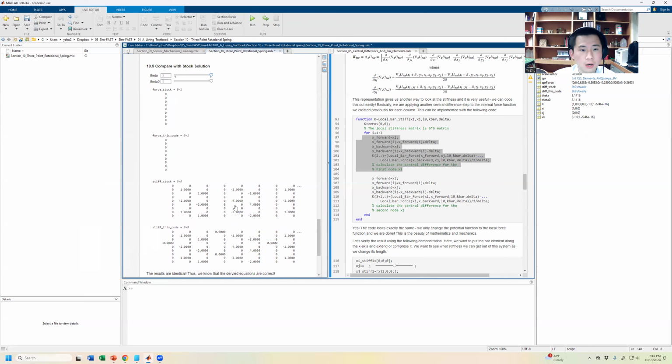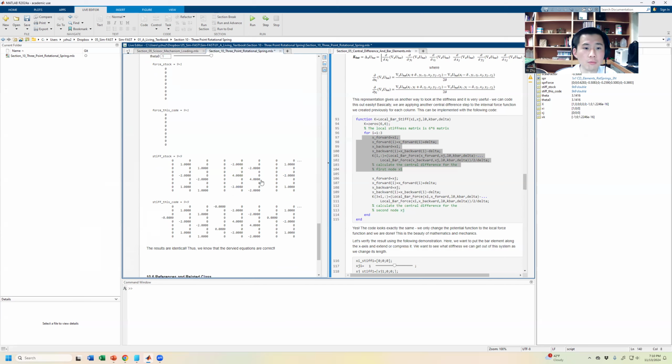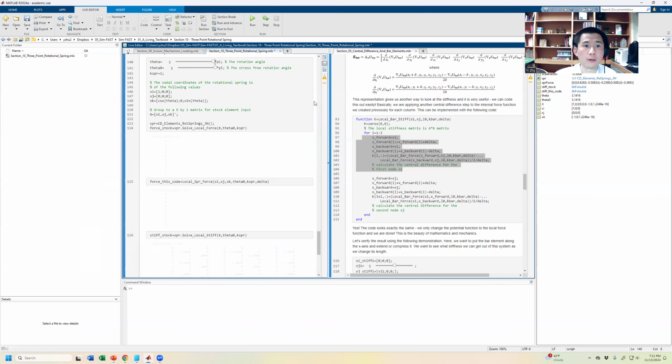But my system should still have some sort of stiffness because the spring is still there. Even if you move a little bit, you still need to see some forces. That's what the stiffness means. And the stiffness we get from this code also matches that from the stock function very well. So this is nice, we've done our calculation right.